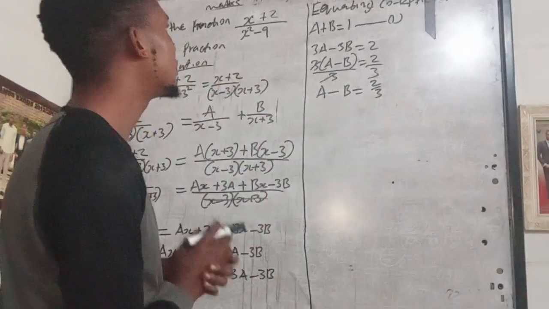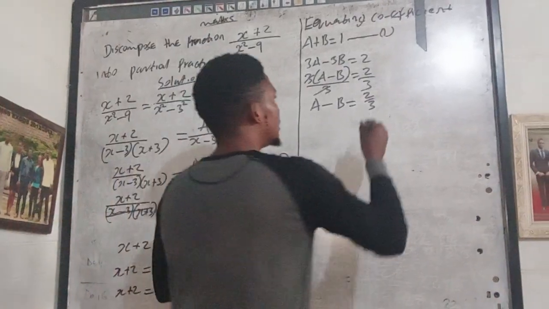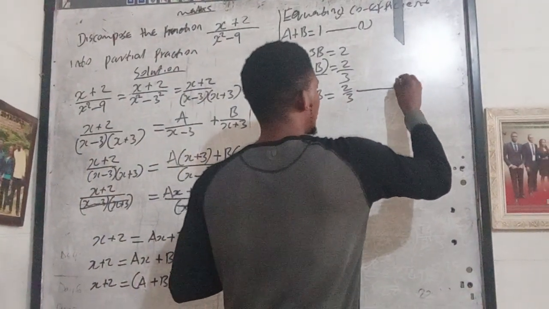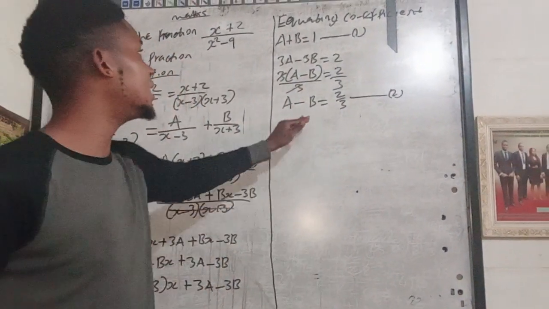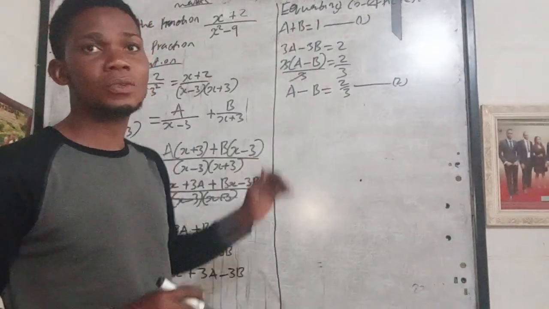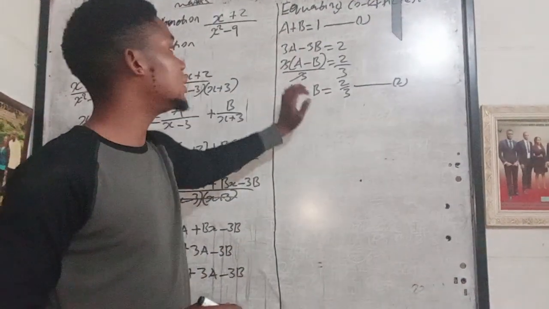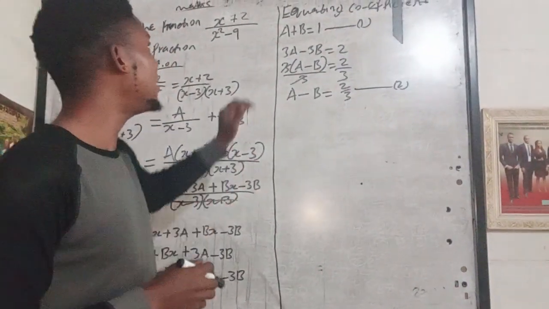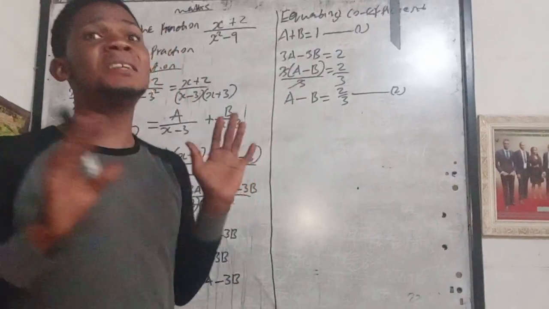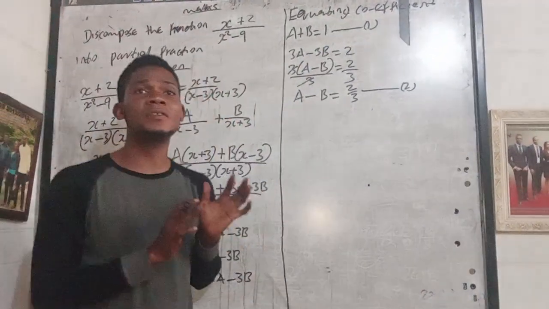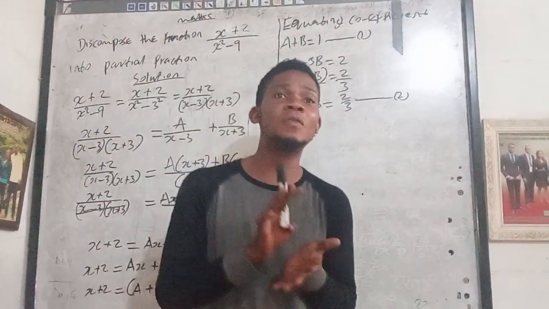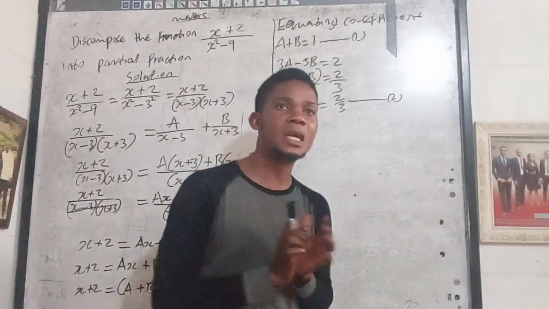Now look, we now have equation 1 and equation 2. This is now a simultaneous linear equation, and these are two linear equations. Now we have to find the value of a and b. There are different methods of solving simultaneous equations to find the solution, that is the value of a and b.